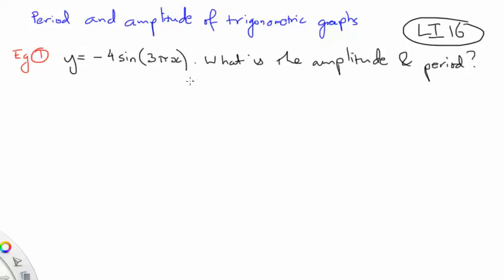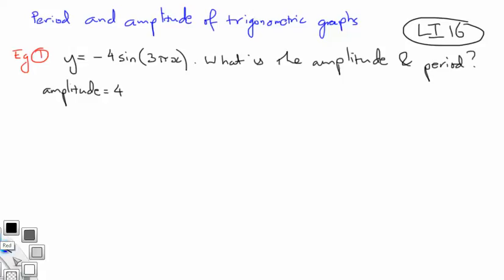Alright, so the amplitude's the easy part, but there's a really common mistake you can make with the amplitude. The amplitude is over here, but the amplitude is 4. It's not -4. You can't have negative amplitude.